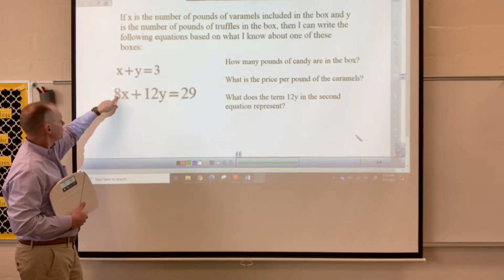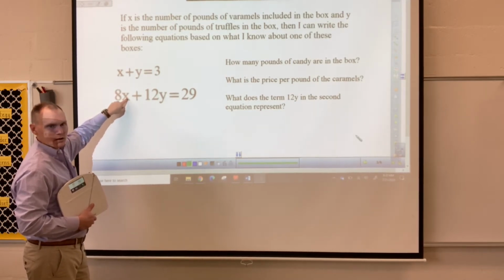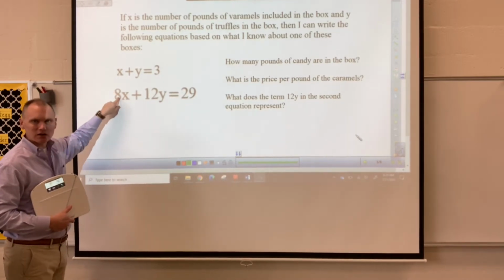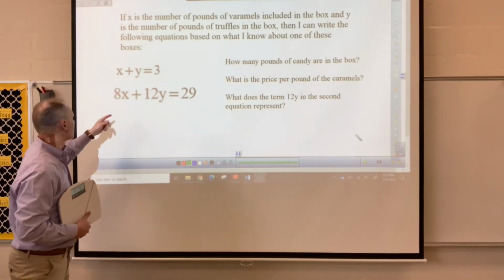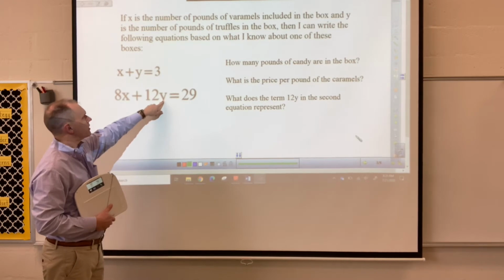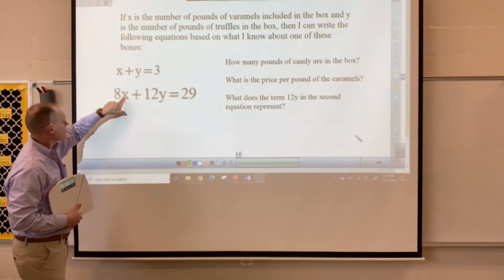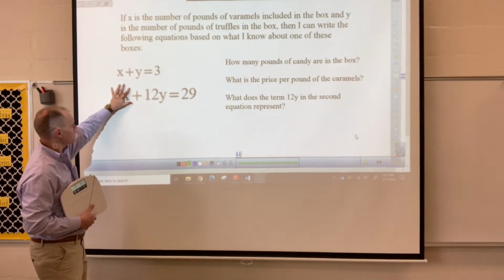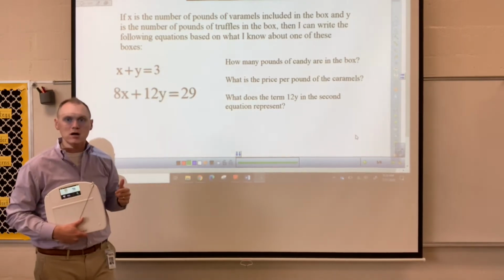If we multiply 8 times every pound of caramels, maybe that means that 8 is the cost per pound of caramels of this box, plus 12 times the pounds of truffles. So maybe the truffles are $12 and the caramels are $8. And if we add the total cost of the caramels plus the total cost of the truffles, maybe we get the total cost of the whole entire box.